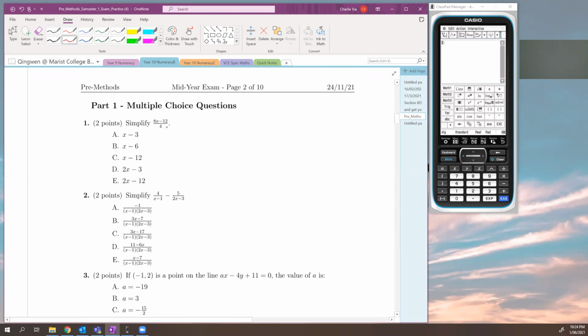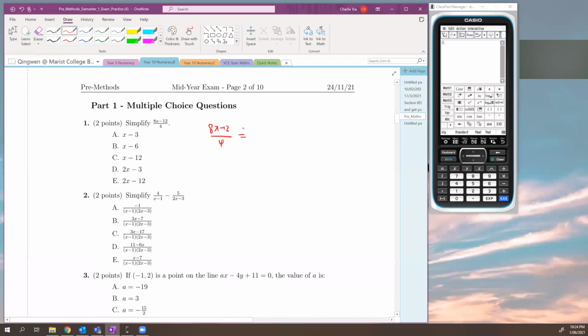The first one is to simplify 8x minus 12 over 4. You look at the answers, you're going to expand it. Let's do it by hand. We have 8x minus 12 over 4.